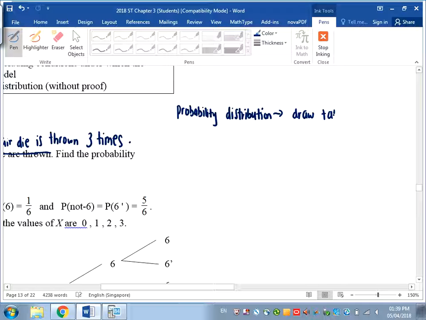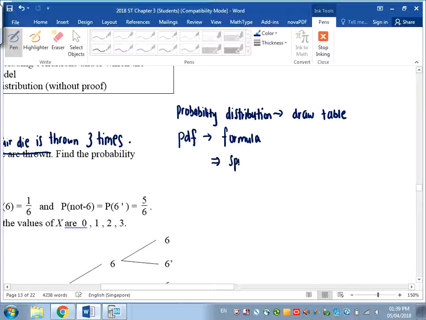I just make a note here: draw a table. But if I'm dealing with probability distribution function, PDF, it's essentially a function that I need to come up with, or in other words, a formula. I need to come up with a formula that will summarize all the probabilities for the possible values that it can take. So in other words, I will need to do some pattern recognition.